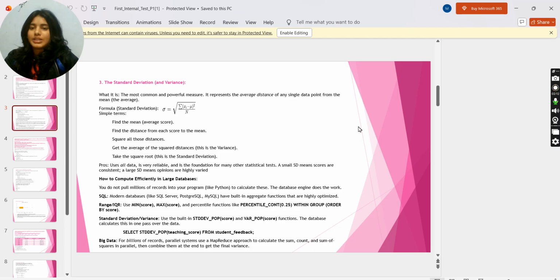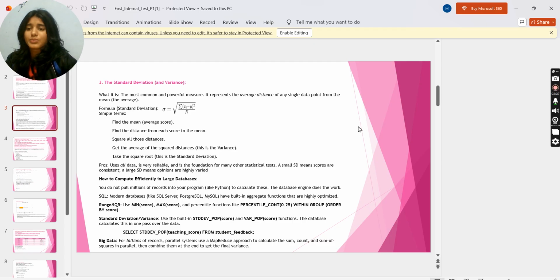The standard deviation and variance. What is it? The most common and powerful measure. It represents the average distance of any single data point from the mean, the average. Formula: standard deviation is equal to the square root of variance, where variance is equal to the summation of (xi minus mu) whole square upon n.